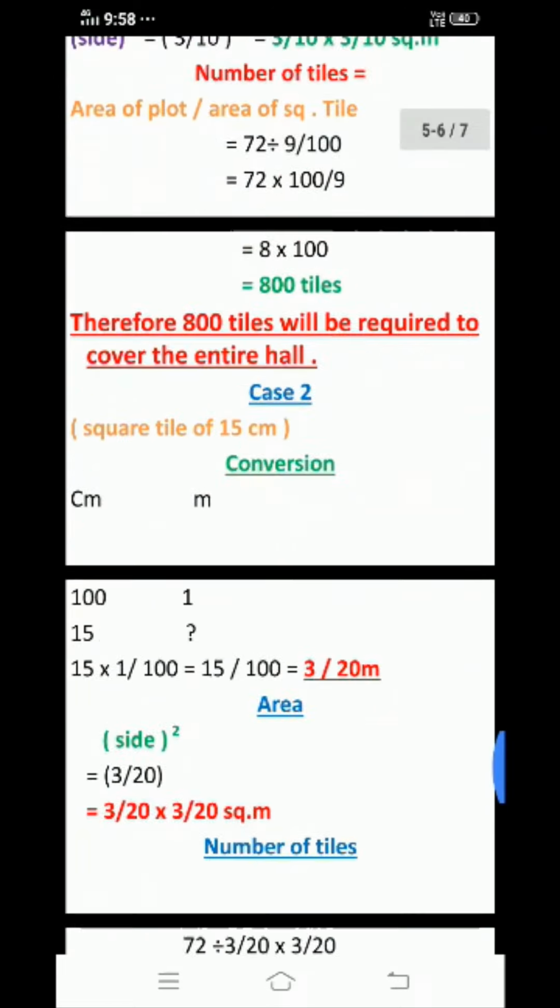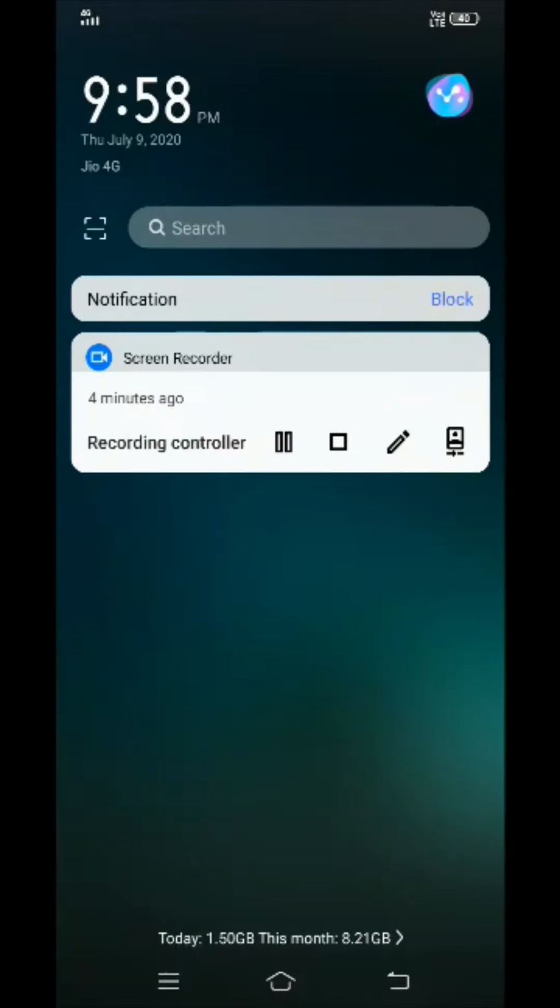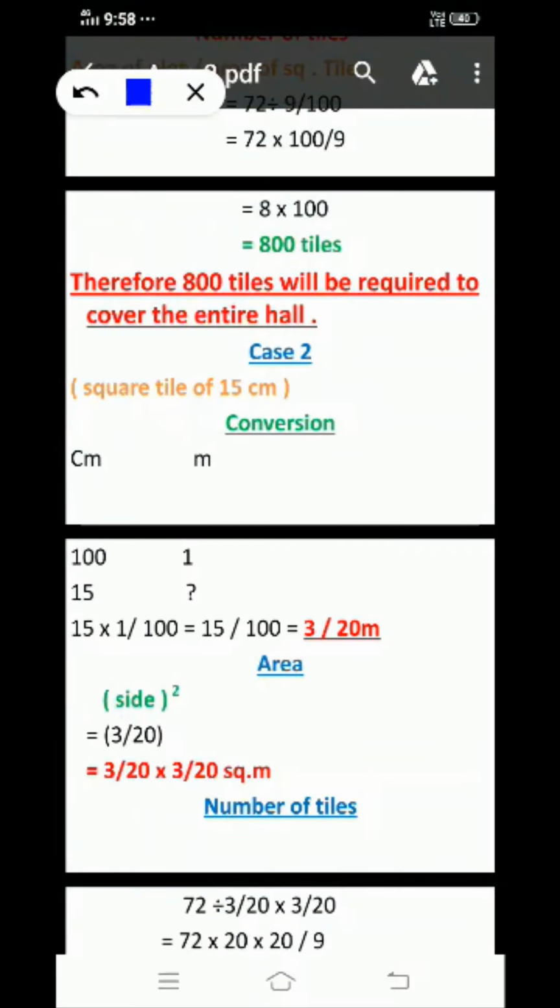Now see the next case. They told you the side of the square tile is 15 centimeter, whereas earlier it was 30 centimeter. Here again we have to do the conversion from centimeter to meter. 1 meter is equal to 100 centimeter, so 15 centimeter is 15 divided by 100, and it becomes 3 upon 20, because 3 fives are 15 and 5 twenties are 100.